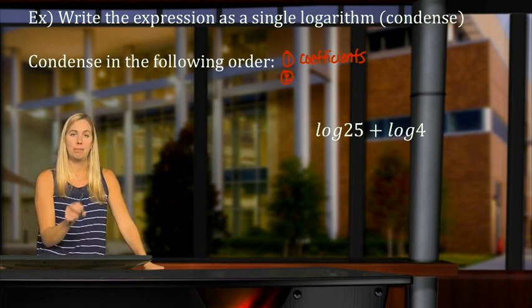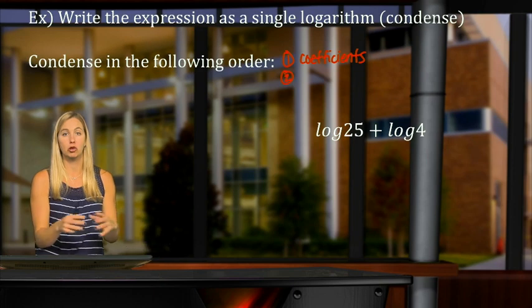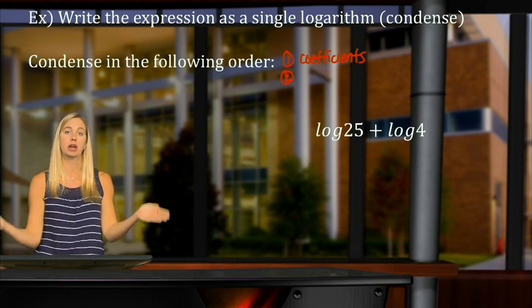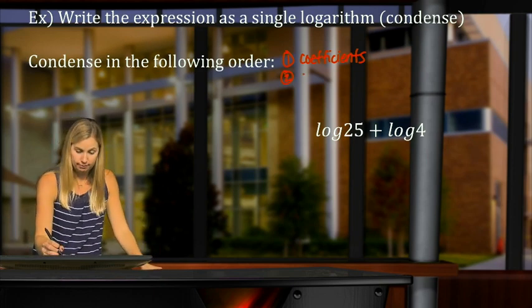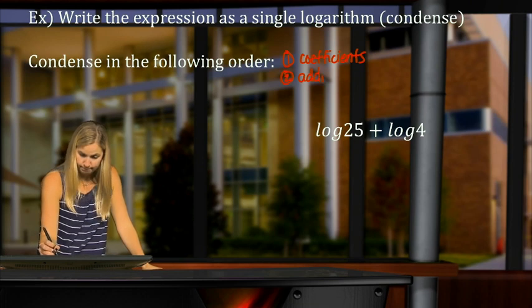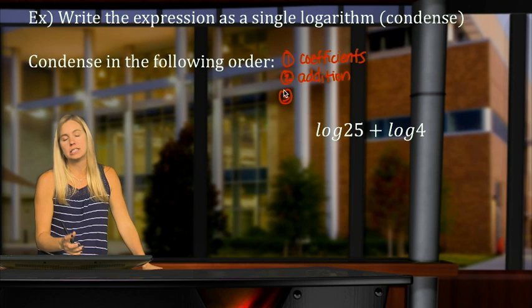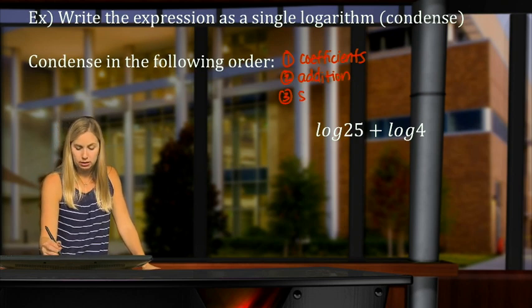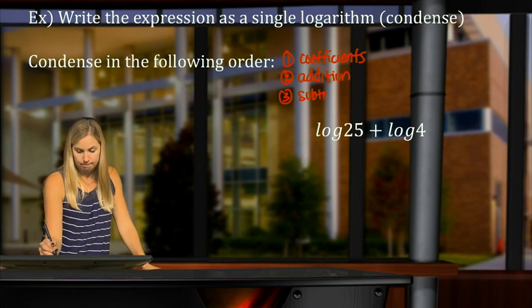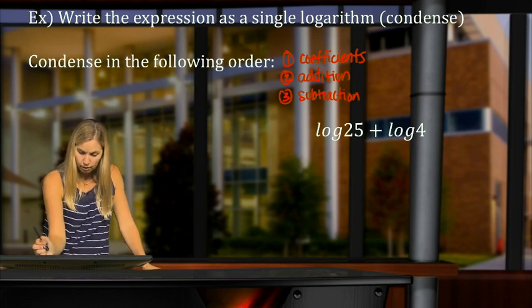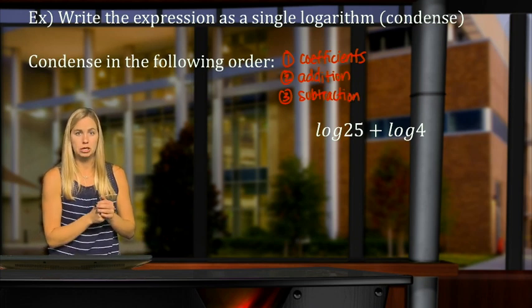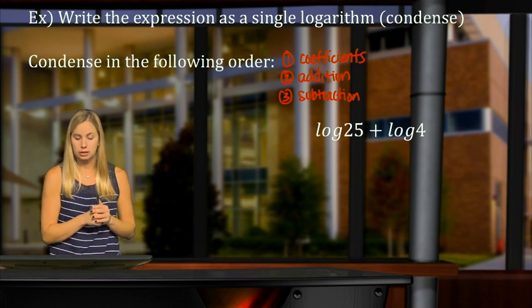Remember, the second step when we were expanding was the multiplication, which became addition, so we want to condense any addition. And then last but not least, hopefully at this point we only have two terms being subtracted. And our last step will be to condense that subtraction using division.